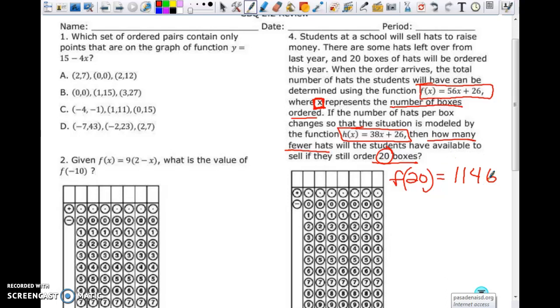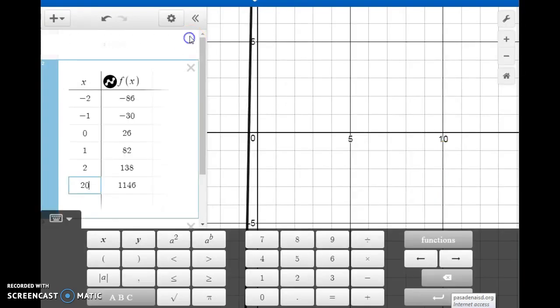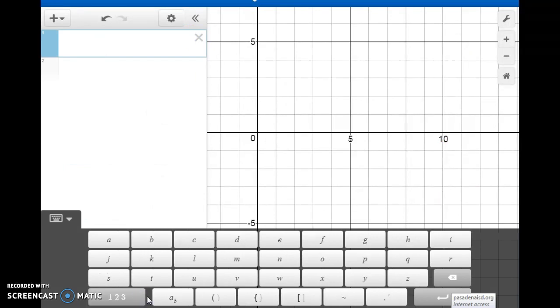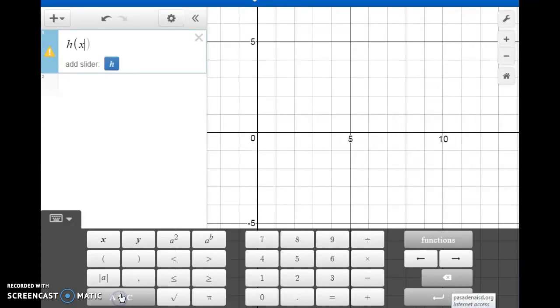Okay, but now for this function, h of x, if I ordered 20 this time, how many would I get out? So for this equation, this is 38x plus 26. So let's plug this one in and see what we get. Actually, I think we still have to put in f of x, sorry.